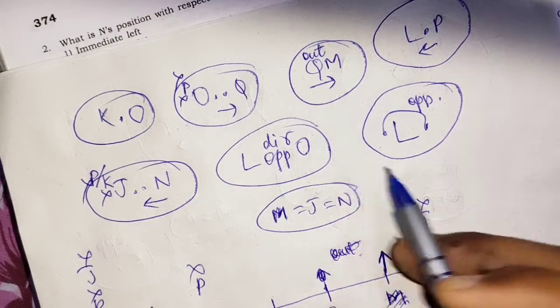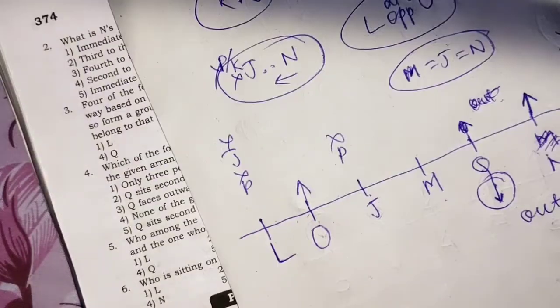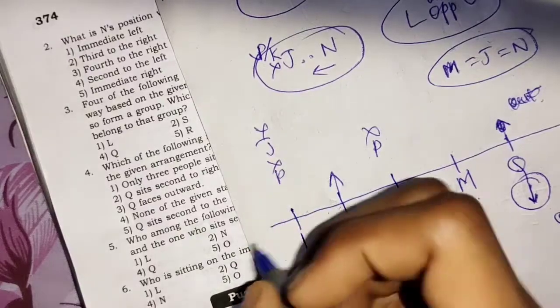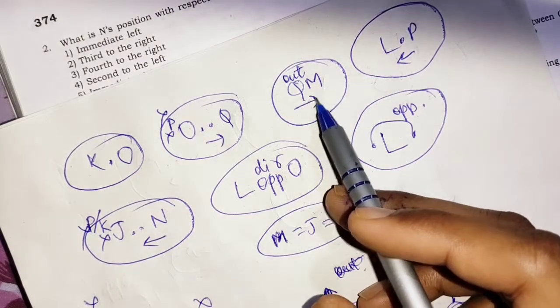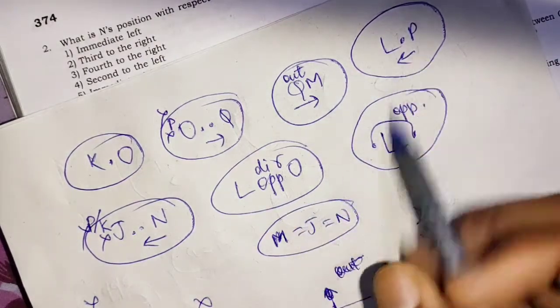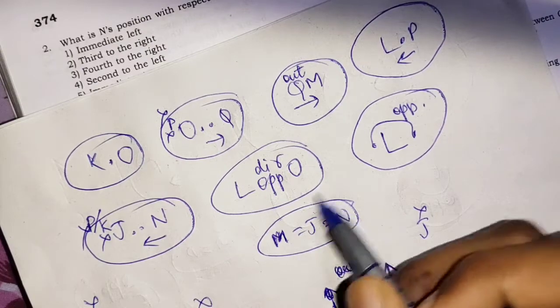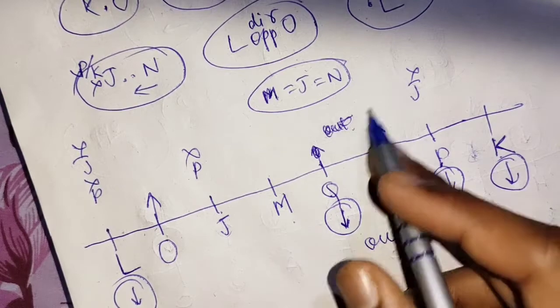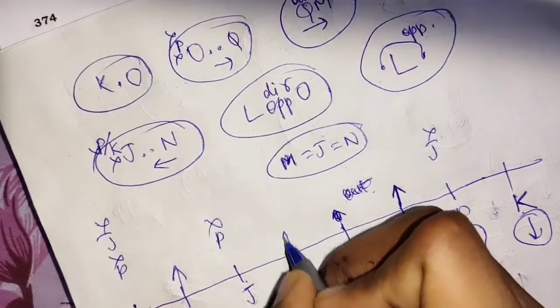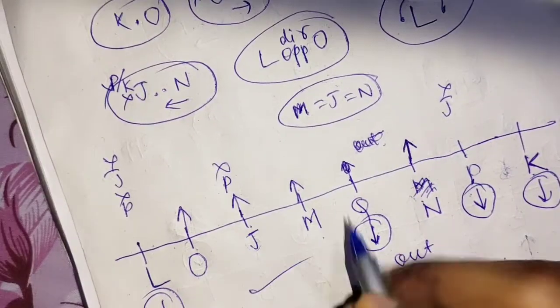L's direction is opposite to that of O, so if O is facing upward, L will definitely face downward. M, J, N are facing the same directions. N is facing up, so M will also face up, and J will also face up. So the problem is solved.